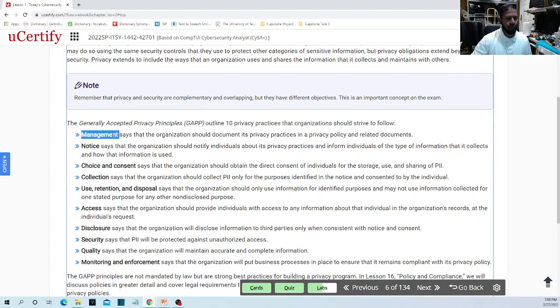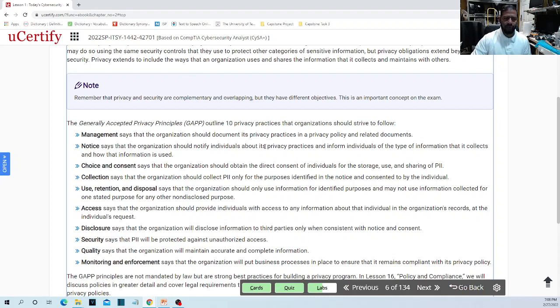One is management. This point says that there should be a clear policy about the practices this organization follows regarding privacy, the privacy of your data. So that policy should be clearly stated; it is the job of the management. The second one is notice.